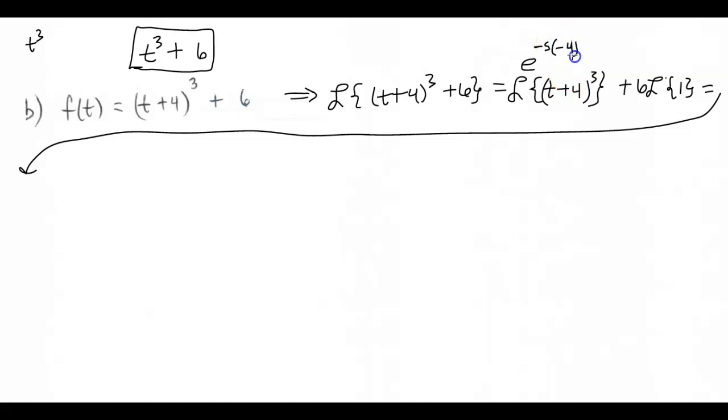So this will be minus a -4 times the Laplace transform of t cubed. And this will end up just being e raised to the 4s times the Laplace transform of t cubed plus 6 times the Laplace transform of 1.